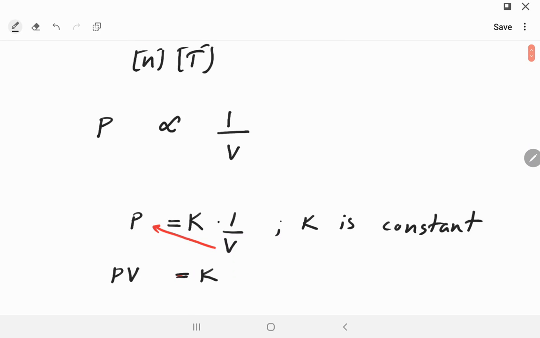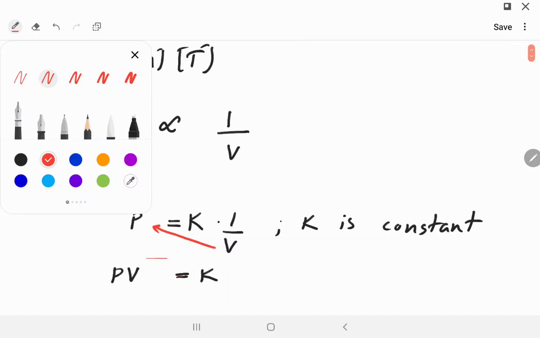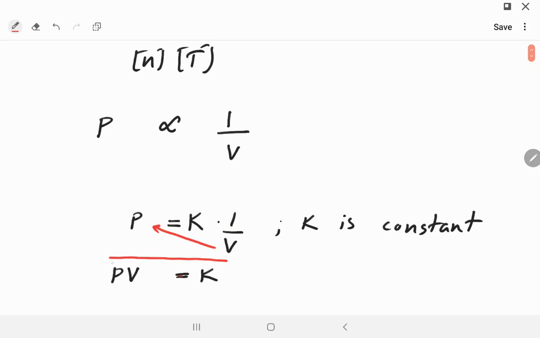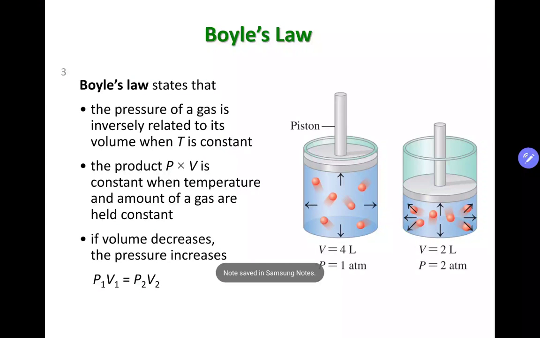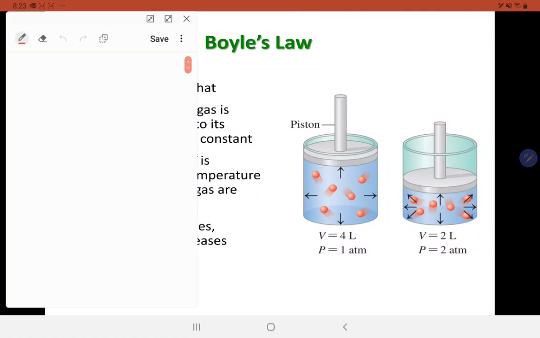So what does this simple equation mean? The product of pressure and volume is a constant. Or in other words, the multiplication of pressure and volume is a constant. Did you get that? So that is what we learned.